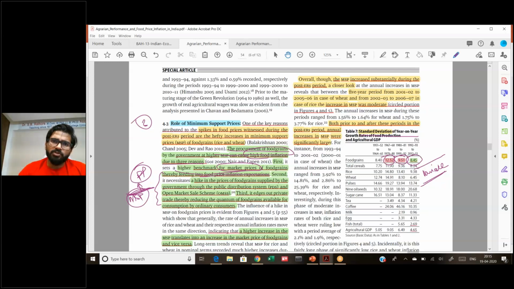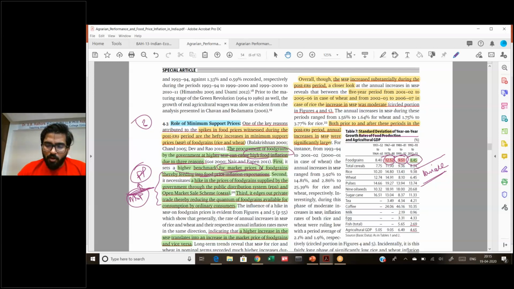Now suppose it announces the price of 1,000 rupees, but at the end of sowing, when the farmer was about to bring the commodity to the market, we realize that there is a shortage in the market. There is a huge demand for rice, and because of the higher demand, the actual price of rice in the market is somewhere around 1,200.